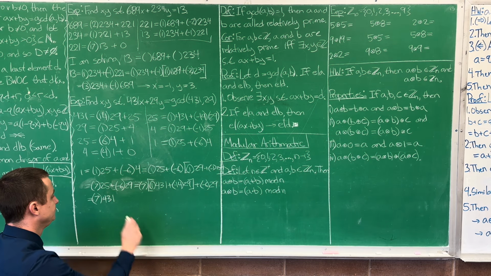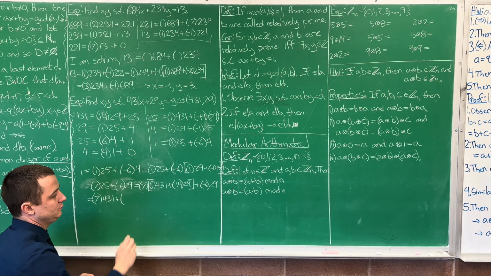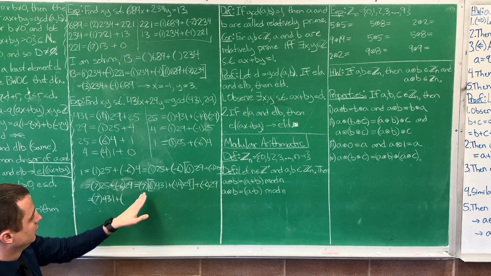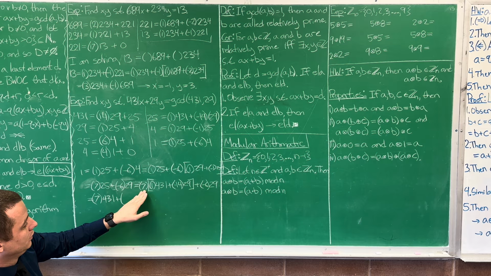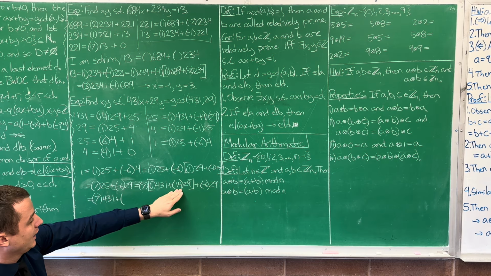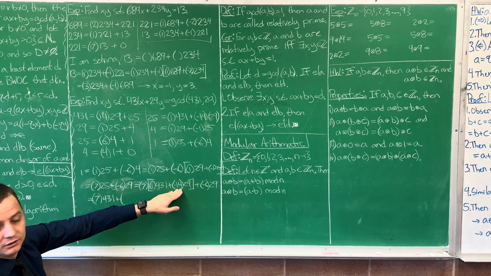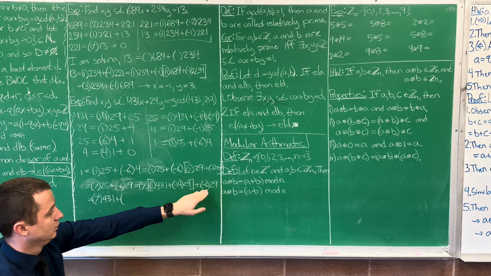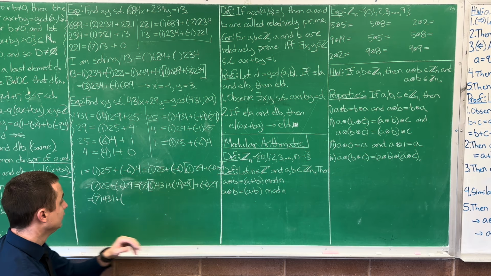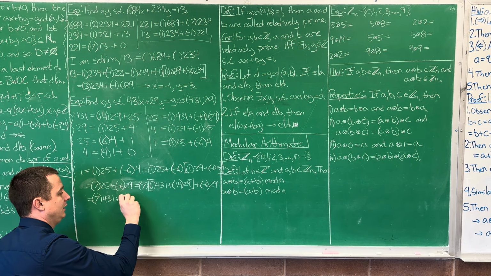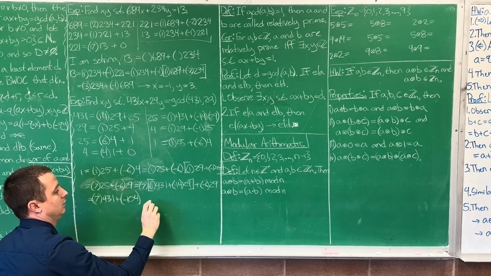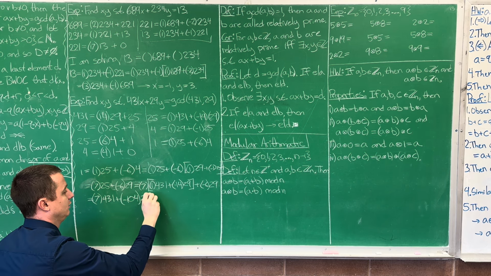Negative 102. Or no, 104. Okay, I lost track of it in my head. 7 times negative 14 is 98, right? Minus 6, minus 104. Okay, so this is equal to minus 104 29s. And there we go.